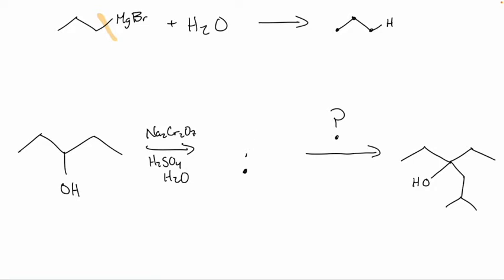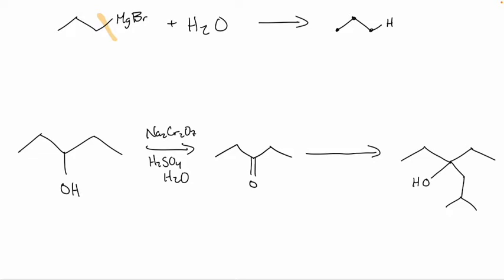All right, so this first step here, I see that chromium, so I'm thinking oxidation. Just going to convert that alcohol to a ketone. Now the question is, what am I going to need to use in terms of my Grignard?